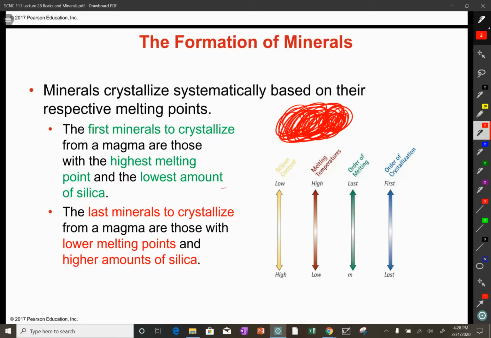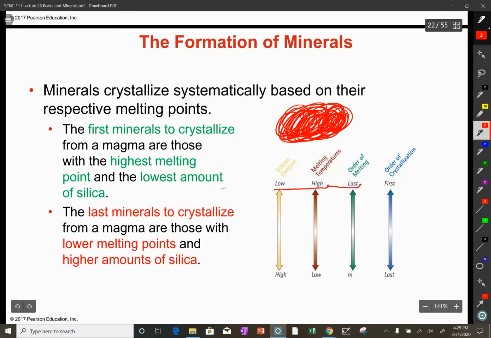Pure silica has a very low melting temperature compared to other things, and so it will freeze last, and thus quartz, which is pure silica, is going to be the last thing to freeze if you are slowly freezing this molten rock. So this diagram is saying that if you have a low silicon content, then it's going to have a high melting temperature.